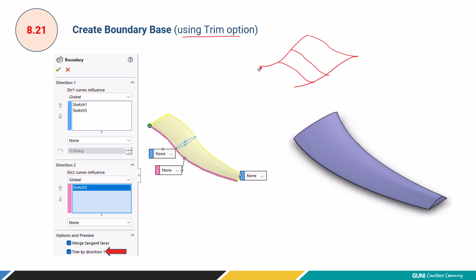We assume that sometimes these two profiles are connected at the end by curves, but here we have only 1, 2 and 3. So this extension part remains there. In that case we want to trim off the generation of surface by these curve directions. So in this exercise we'll explain the concept of trim by direction 1.